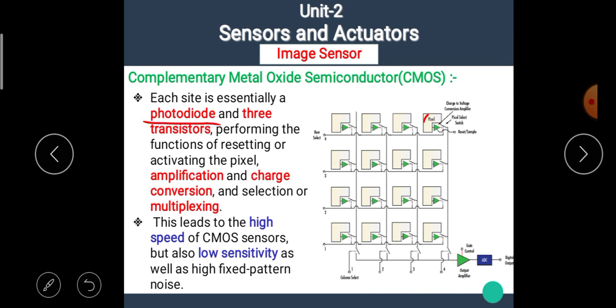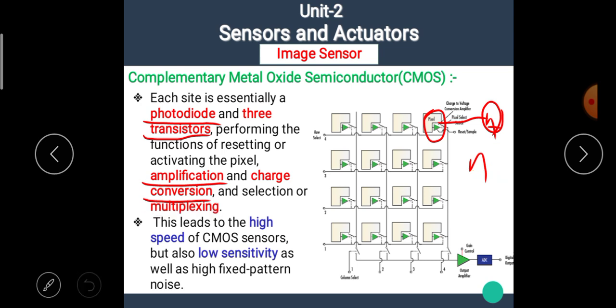That means each pixel is having a photodiode, three transistors. That means the amplification circuitry performing the functions of resetting or activating the pixel, amplification, and charge conversion, that means analog to digital converter, and selection or multiplexing.